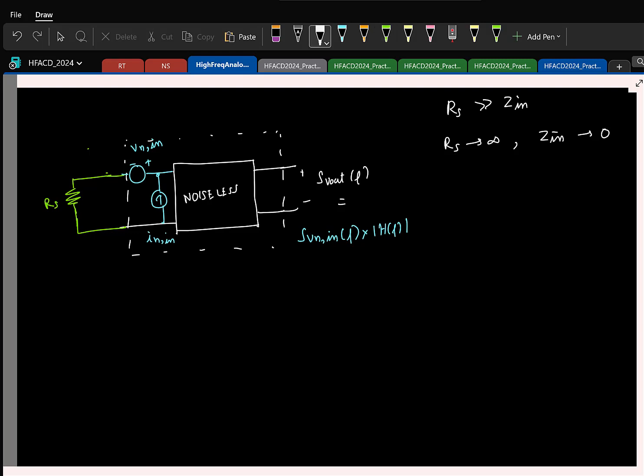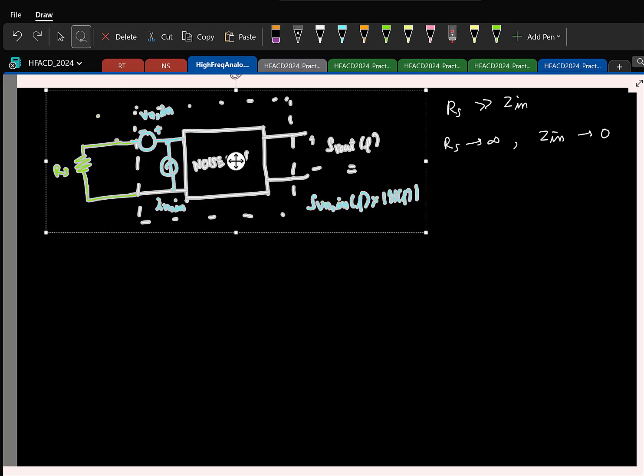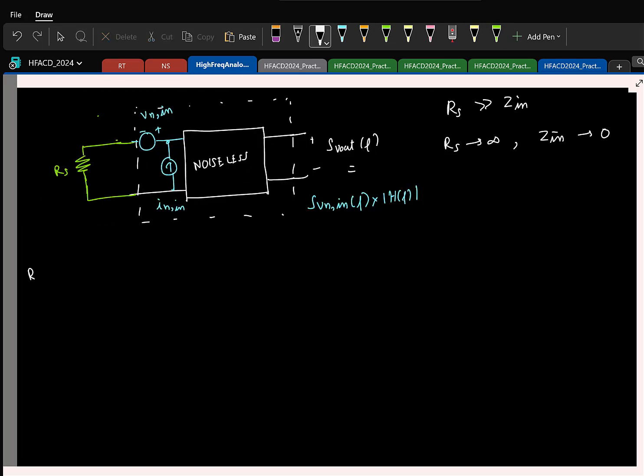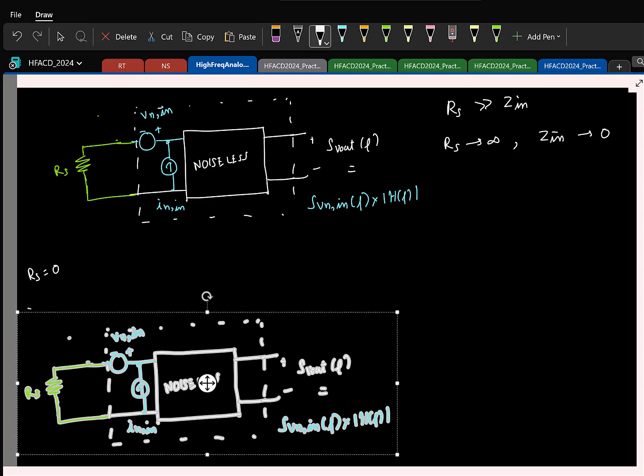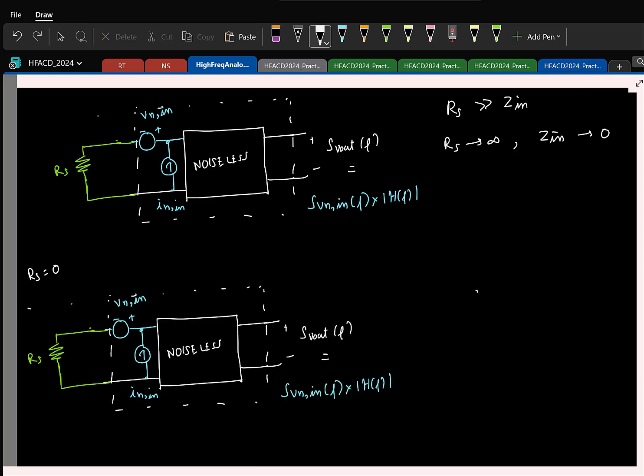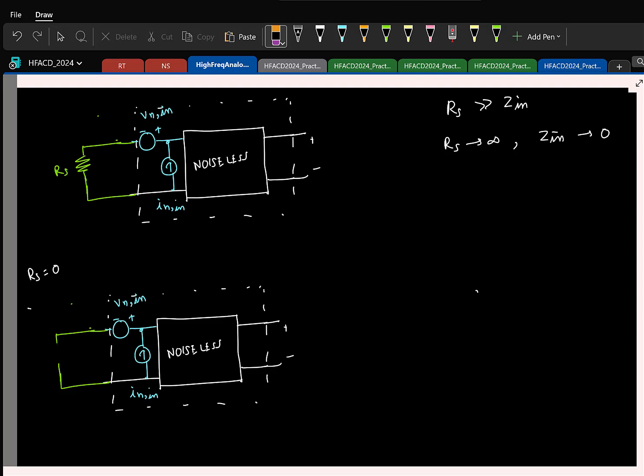So we can quickly see, let us say I have a case where say RS is 0. If RS is 0, I have the same old case. Now I have two elements, voltage and current. Which of them is exciting the network completely?